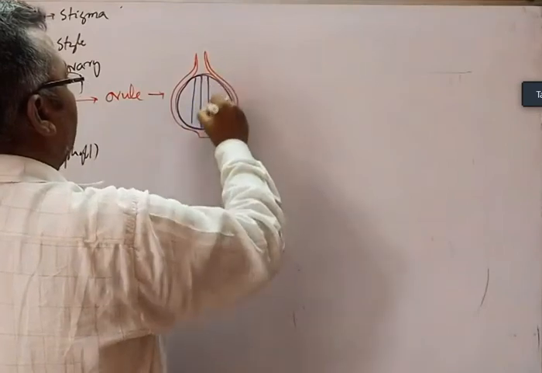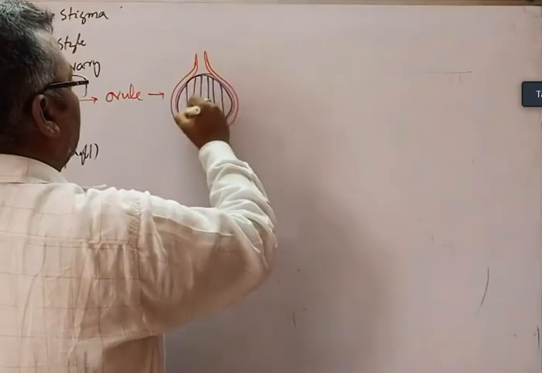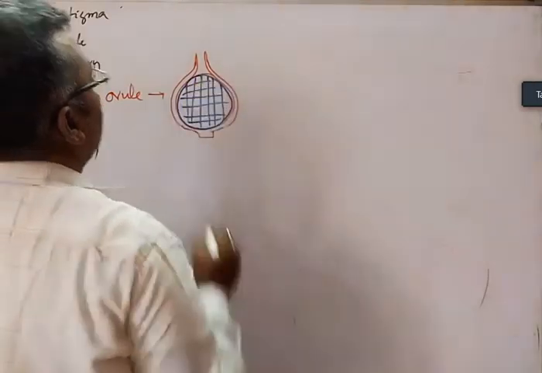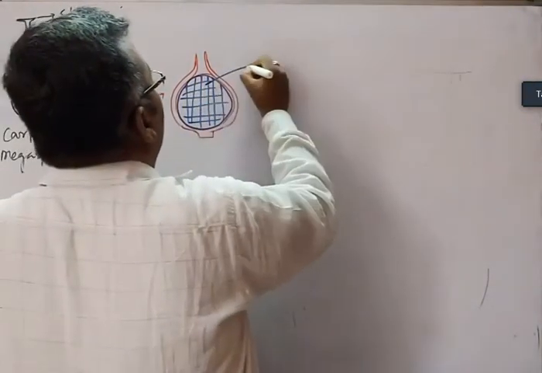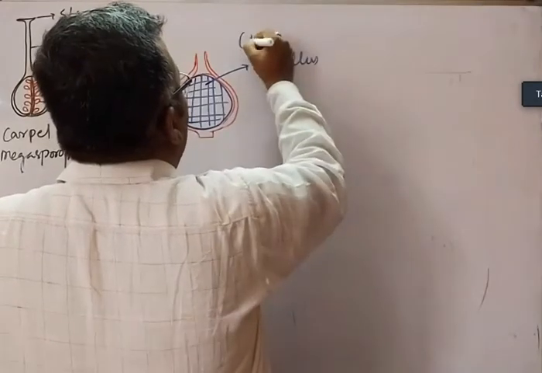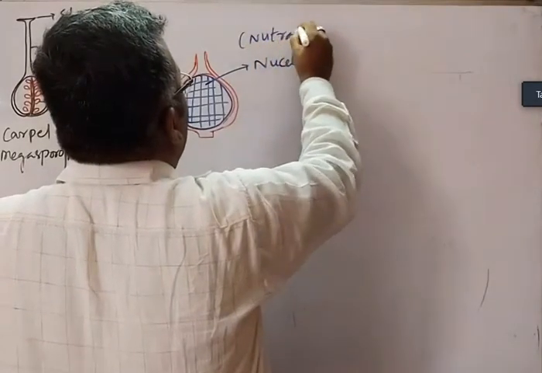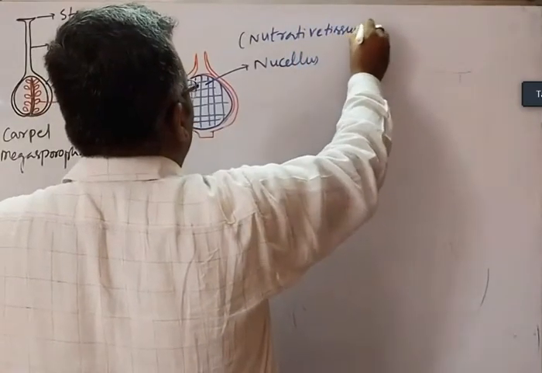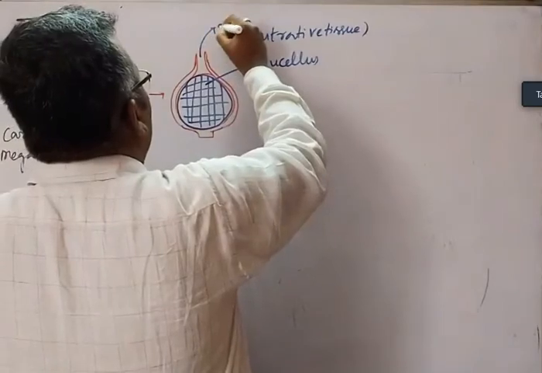Inside the ovule, there is a nutritive tissue called nucellus. This is called the micropyle.